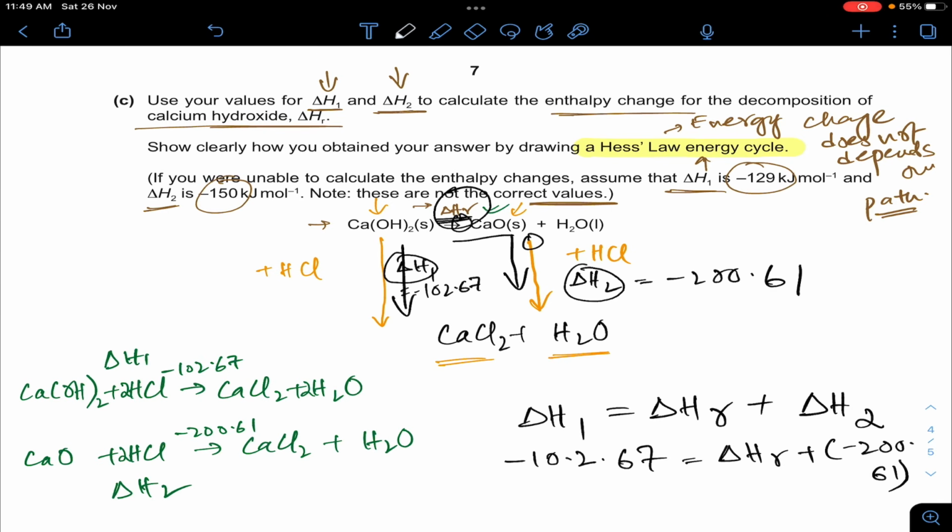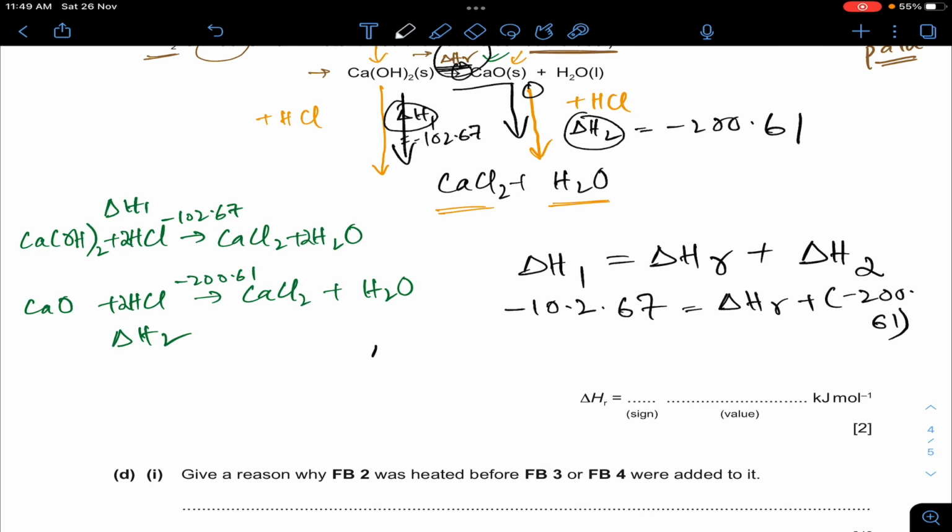200.61. So let's find out the delta HR. Delta HR would be equal to minus 102.67, and this is minus, so when we shift it to the other side it becomes plus 200.61.